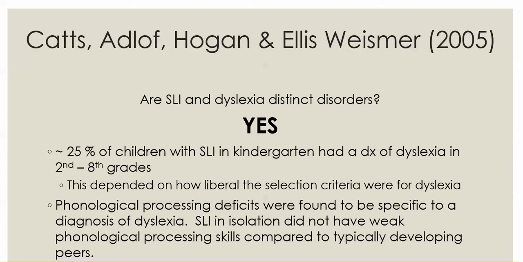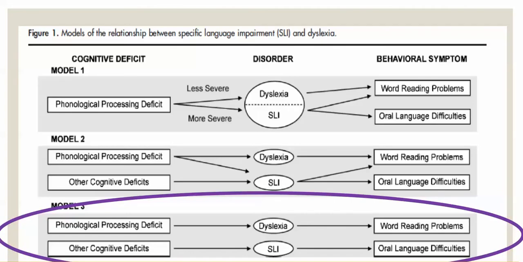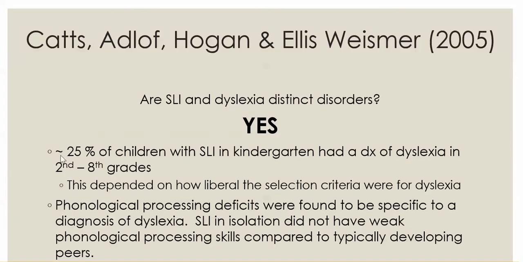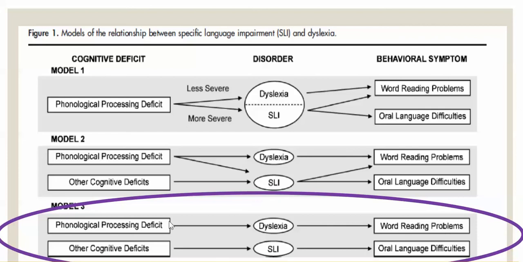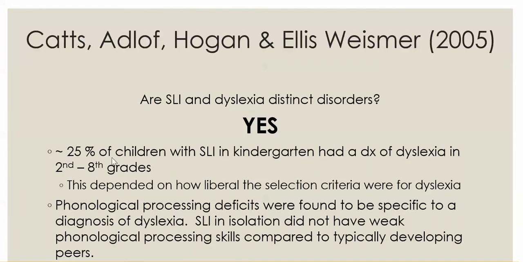So we would expect, if these were disorders that stemmed from the same deficit, or a similar deficit, this would be a much higher number. But because they are coming from two different places, a phonological processing deficit and other cognitive deficits, that's why it's approximately 25, which I think the range was more like 17 to 26. So this is even a very generous description, but it depended on how IQ played in, what you read in your reading of it as well.